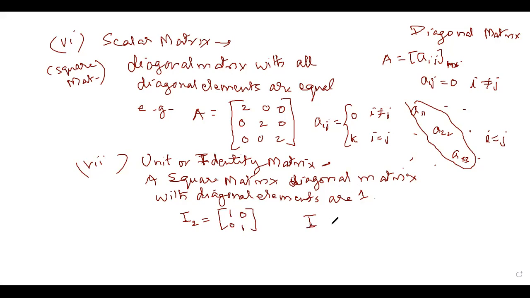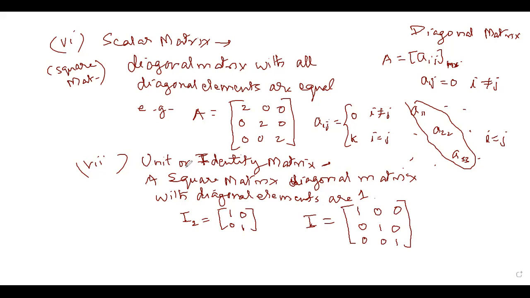Sometimes I2, I3, but generally we are using I. So 1 0 0, 0 1 0, 0 0 1. It is an identity matrix. And this will multiply with any matrix. It will not affect any matrix. That is why it is called identity matrix.